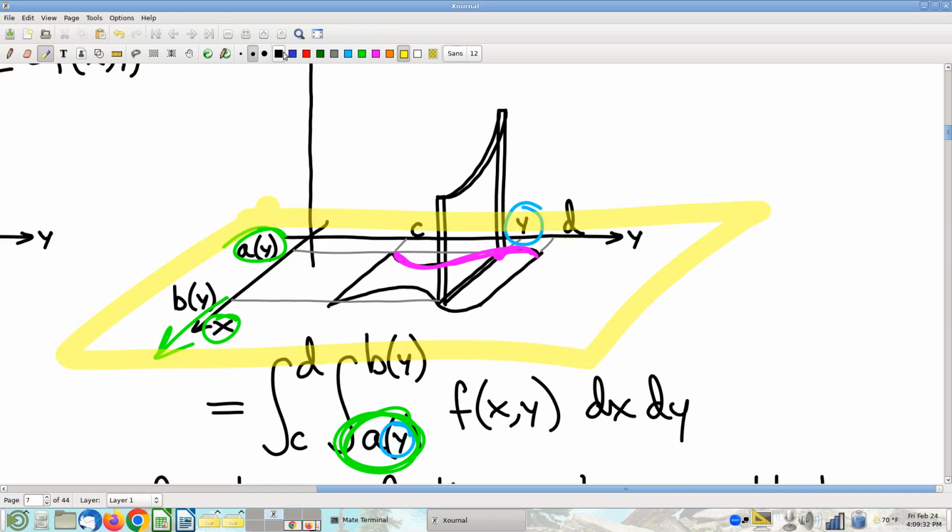What's happening up here, how high that point is up above? Who cares? That has absolutely nothing to do with our keeping track of how the bounds move. The relationship between y and x happens entirely in the xy plane. In particular, it depends only on the shape of the domain, only the domain.